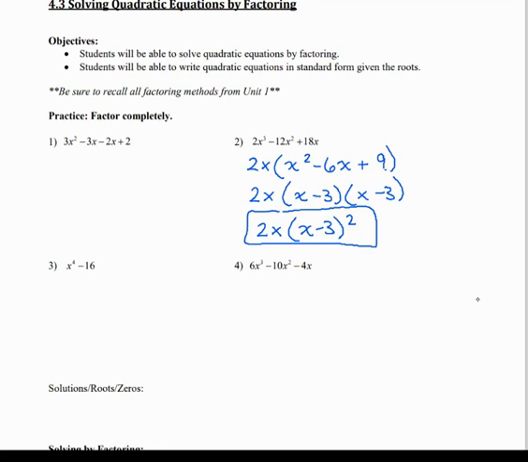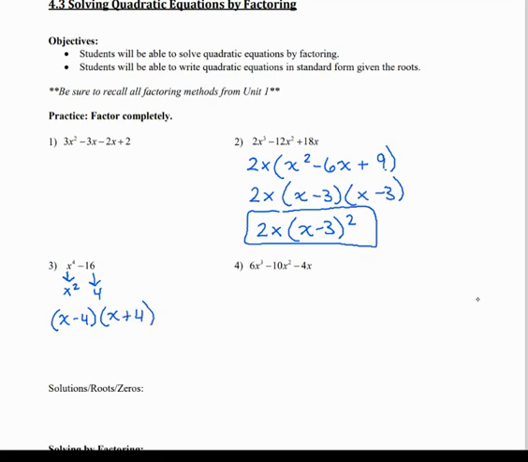How about number 3? Well, number 3 is x to the 4th minus 16. We didn't learn any perfect fourths. However, this is a perfect square, right? The square root of x to the 4th is x squared, and the square root of 16 is 4. So this can become x squared minus 4 times x squared plus 4. It's a difference of 2 squares.